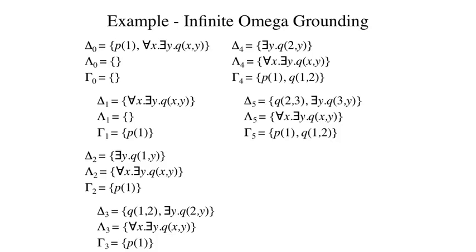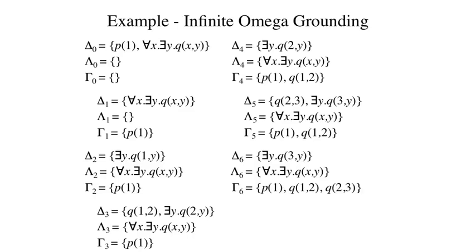Again, we ground our existential sentence, in this case using the constant 3. And again, we instantiate the universally quantified sentence in lambda. As before, we move the ground sentence to gamma. The construction in this case goes on repeatedly. The union of this infinite set of gamma sub i sets is the omega grounding for delta.